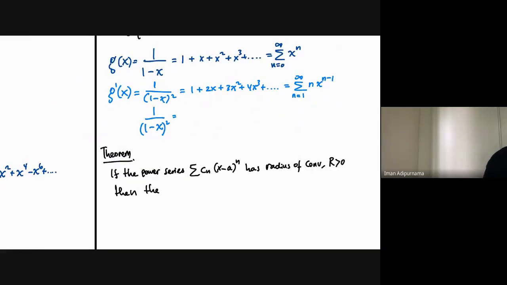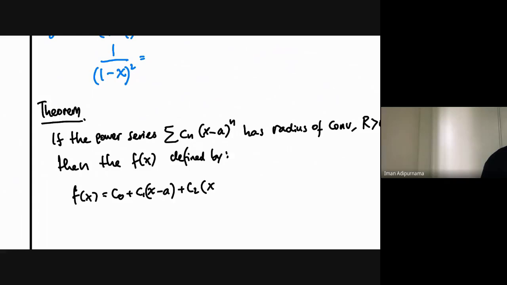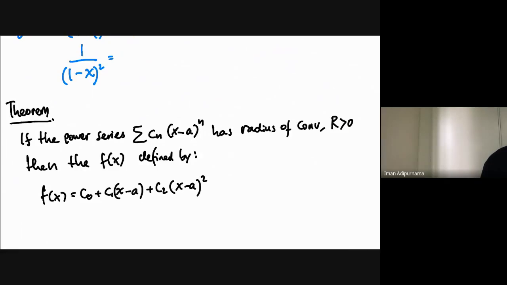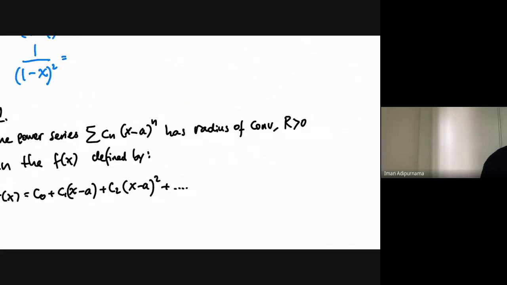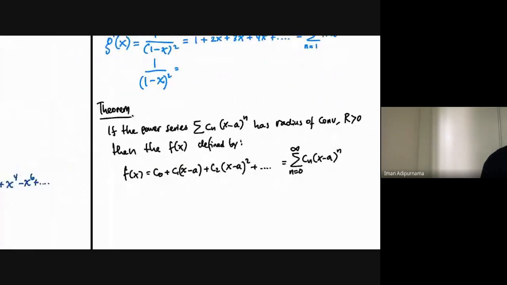Then the function defined by f(x) equals the sum of Cn times (x minus a) to the power of n.